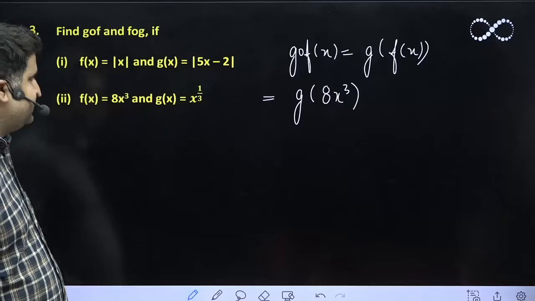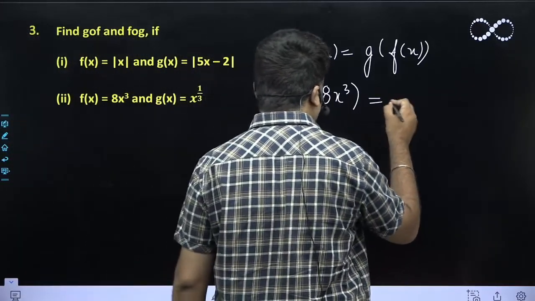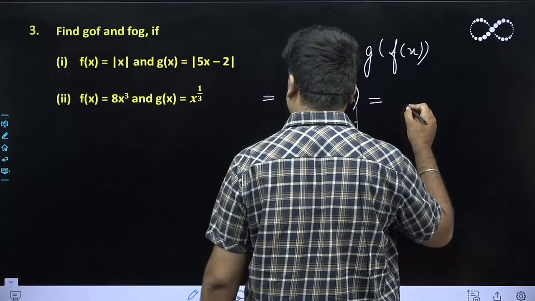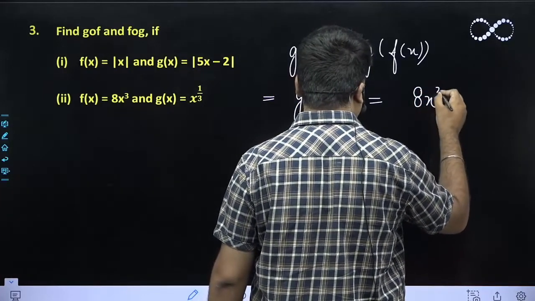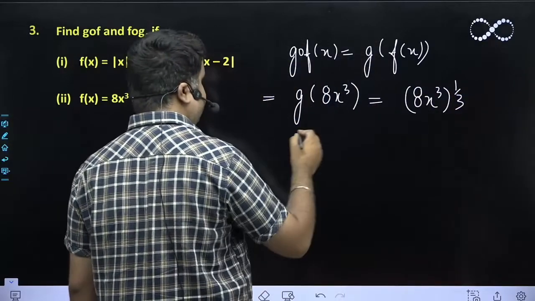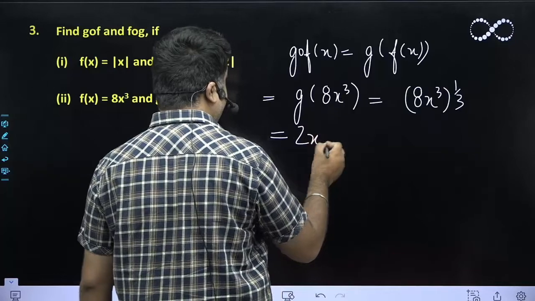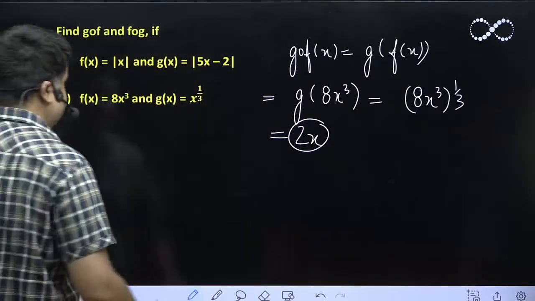Fx is equal to 8x cube. Now we have to find G of 8x cube. So this is equal to 8x cube to the power 1 by 3. Now if we calculate this value power 1 by 3, we get 2x. So GOF x is equal to 2x.